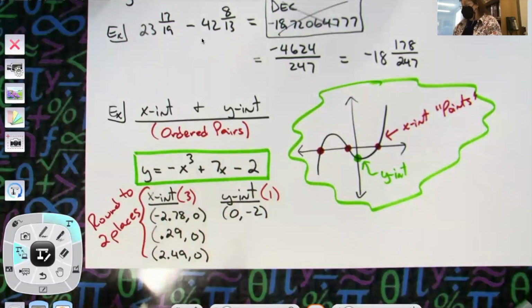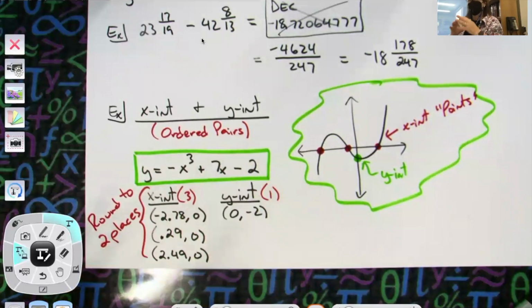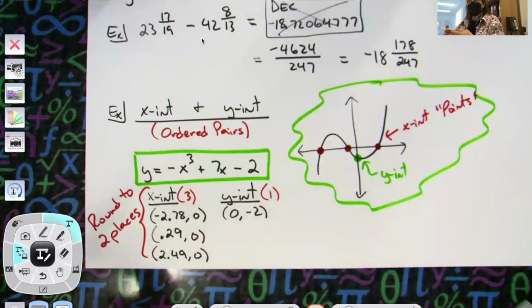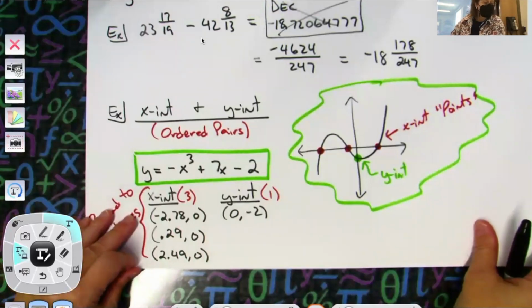If you change it too much, it might go off the screen. It might be too big, but that's okay because you know how to adjust the window. You should know how to adjust the window because we did that on Monday as well. So we've done x and y intercepts, or attempted to practice those.